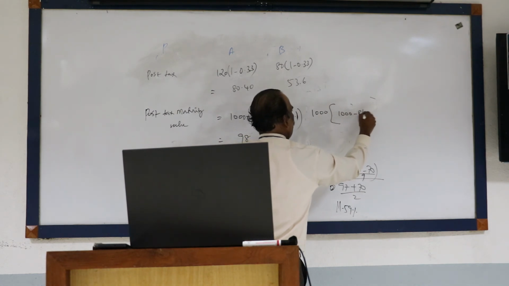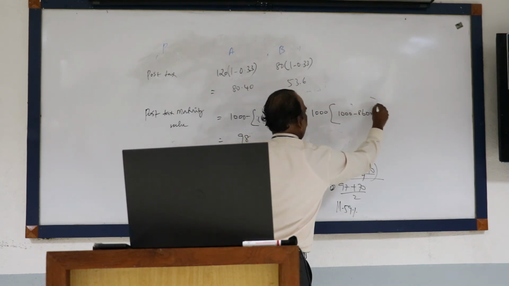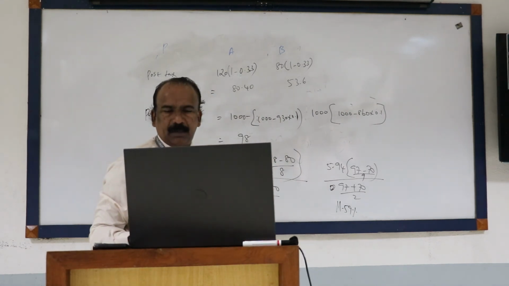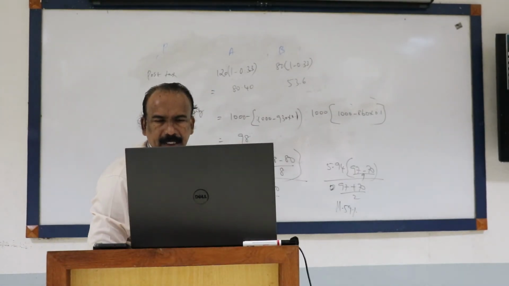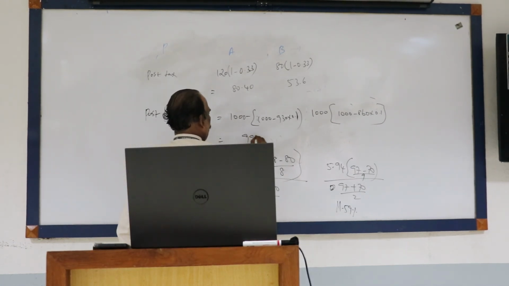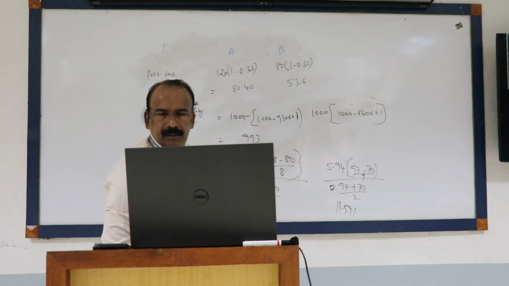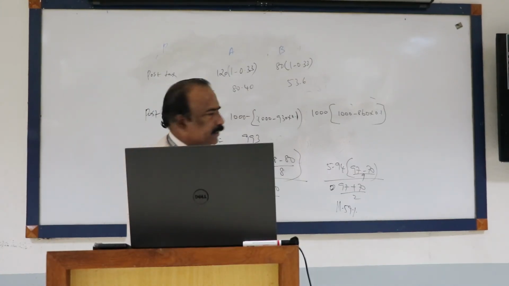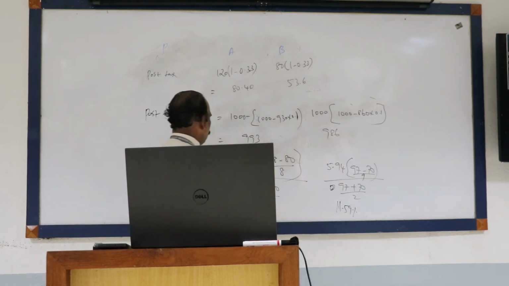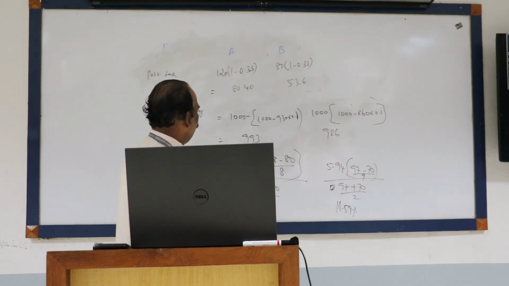So how much is coming? It is 993, and for the second, 986. So post-tax yield to maturity will be computed next.